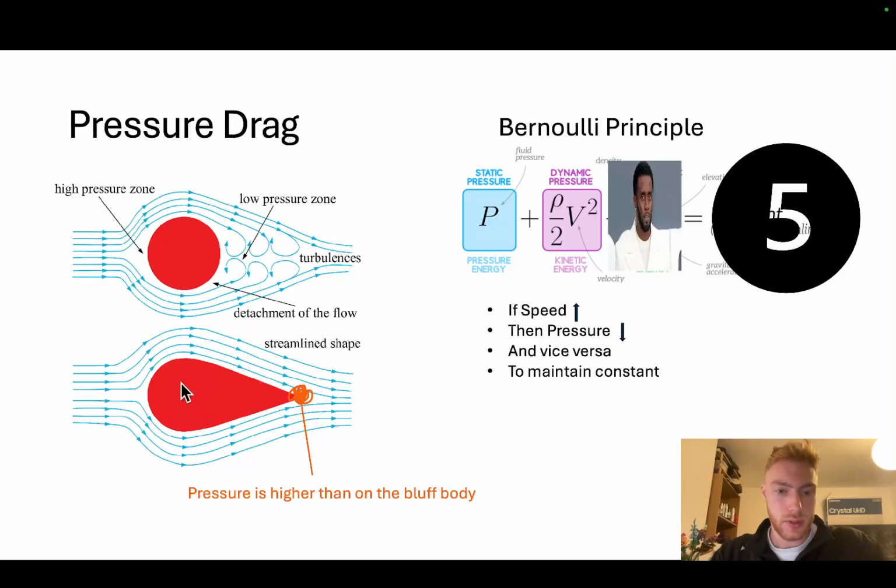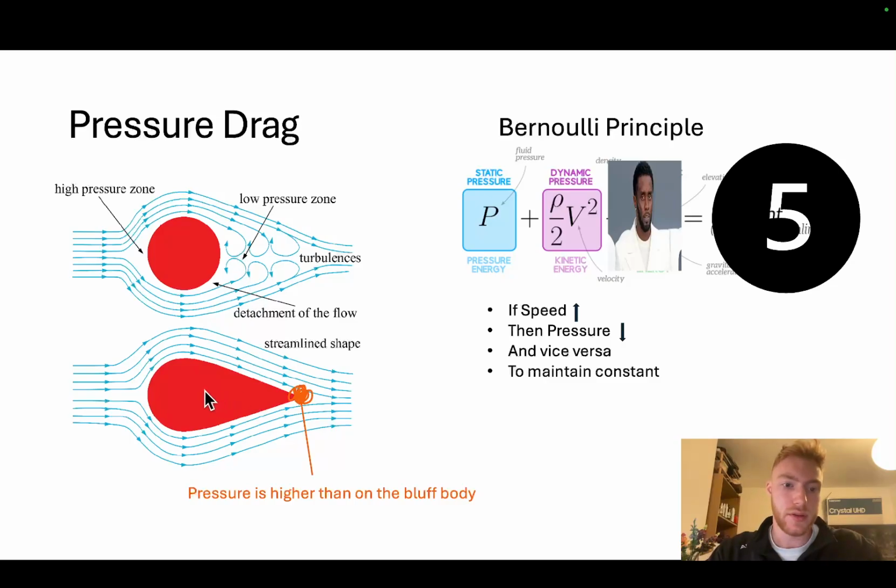And then you compare it to a streamlined object. You can see there's still high pressure here, but because this is more of a gradual gradient over here, it doesn't slow down quite so much, and it stays attached. So the pressure here is higher than it would be on a bluff body.